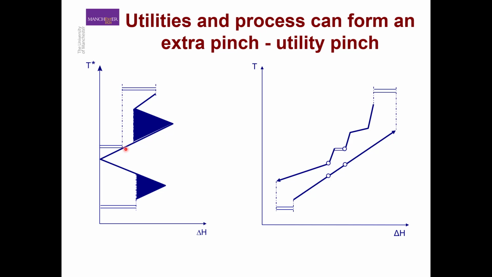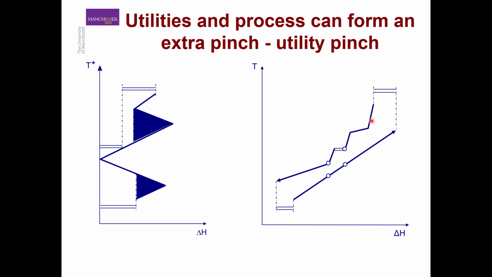So we can show this more easily by using something we call a balanced composite curve, that is shown, for example, here. The balanced composite curves are the same as the composite curves, but in addition to our process streams, we add our utilities, for example, to our hot composite curve if they are hot utilities, and we add our cold utility to the cold stream if they are like cooling water or refrigeration.